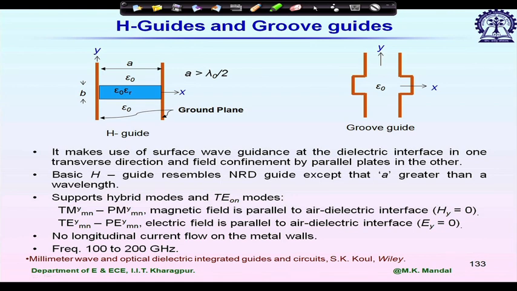So, there are different types of waveguiding structures. Those came in 1980s and some of them in 1970s. When they came, it was thought that they will replace all other waveguiding structures because they provide much lower loss.